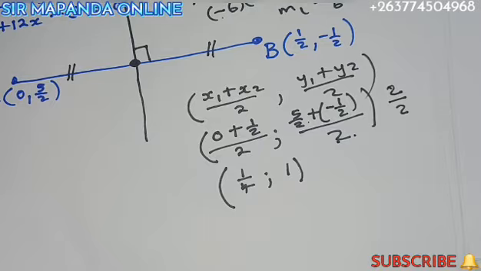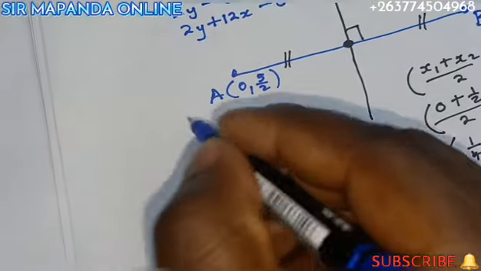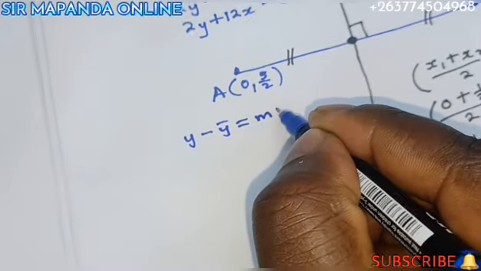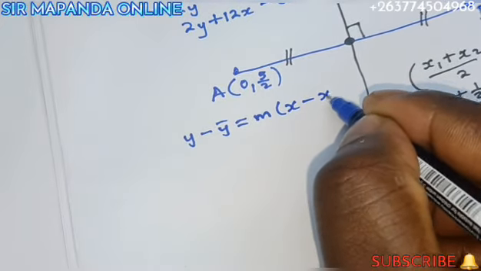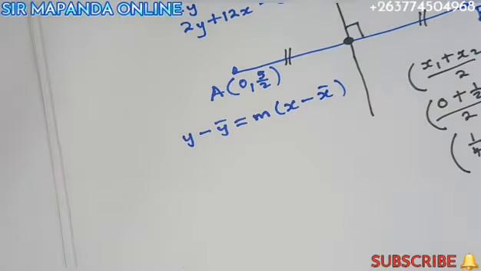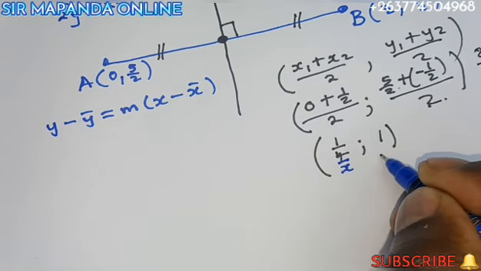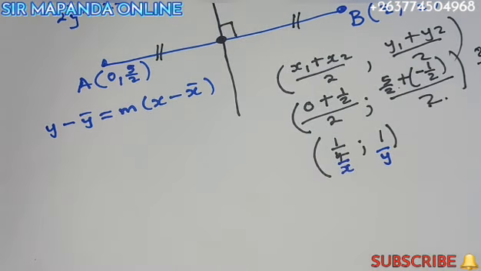So what I'm going to do is write y minus bar y is equals to m, open bracket, x minus bar x. But I'm going to present my answer by making y the subject of the formula, since they want you to give your answer in the form y is equals to mx plus c. This 1/4 here is going to represent your bar x. This one is going to represent your bar y.